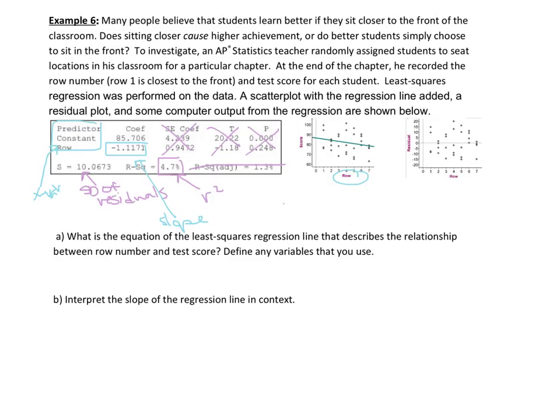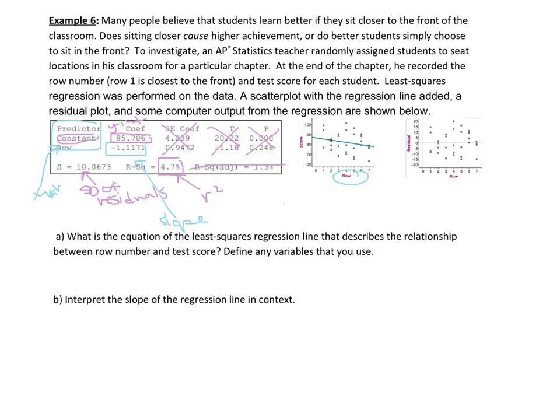The other thing, this one right here will sometimes say constant, sometimes it'll say intercept. So the constant is going to be your y-intercept. So all of these things should help us find our equation.